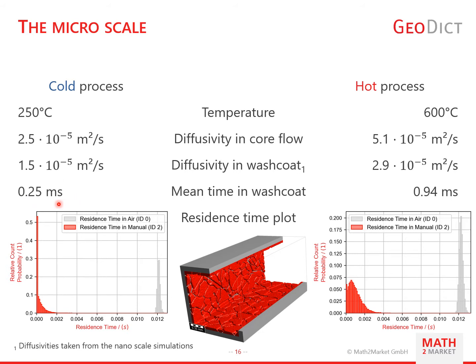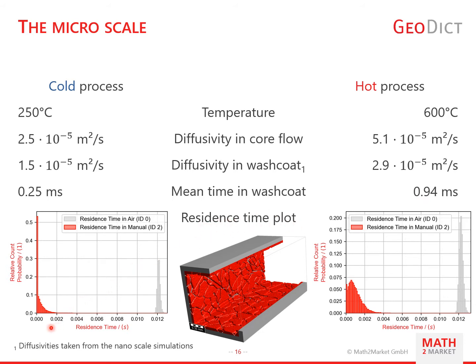and then we will get these values here. In the cold process, we see a mean time in the Washcoat is only 0.25 milliseconds, while in the hot process it's much more, it's 0.94 milliseconds. This is also what we can see in the residence time plots down here.